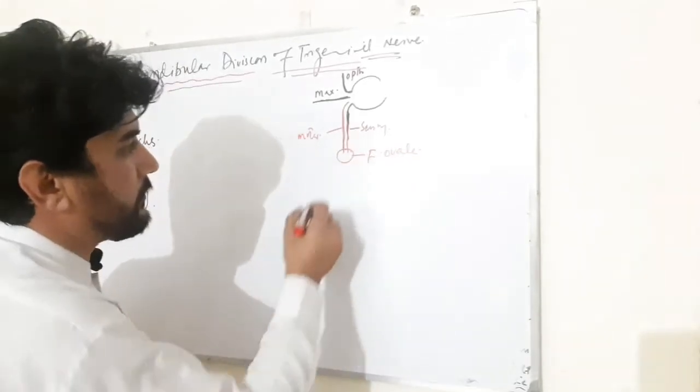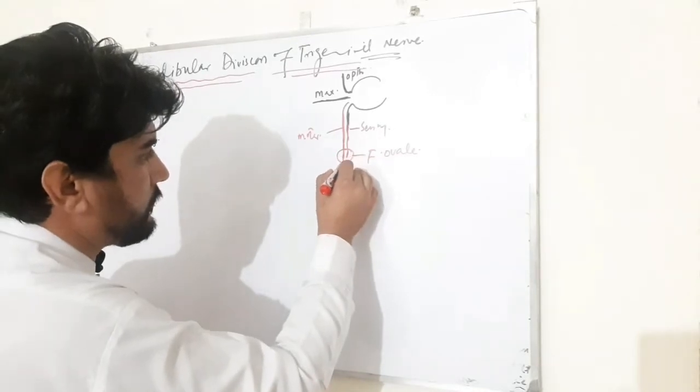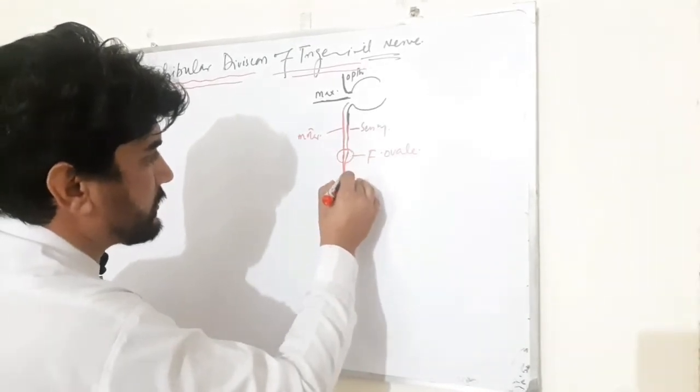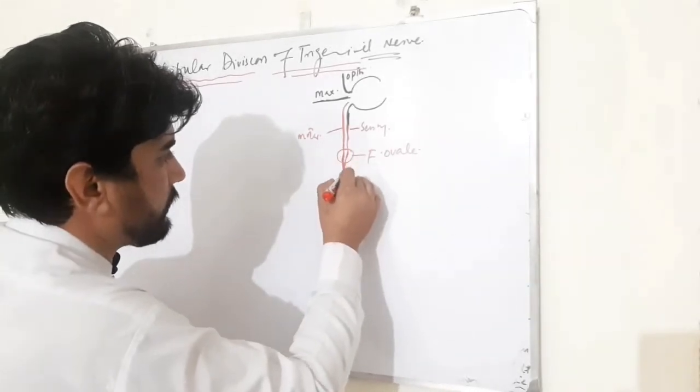When it comes out of the foramen ovale, they get united, they get married, and form a trunk.